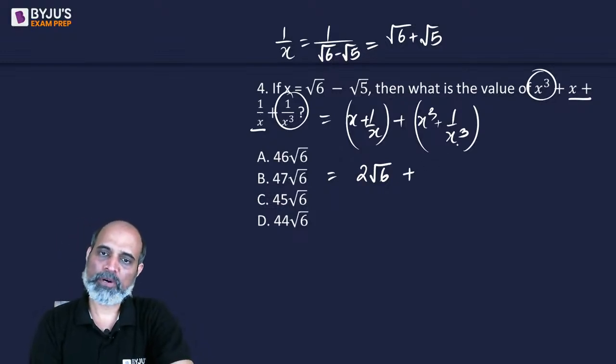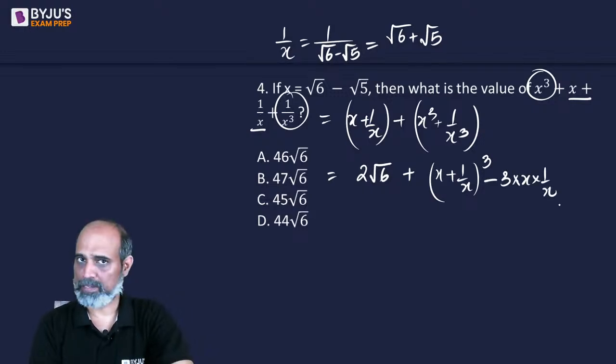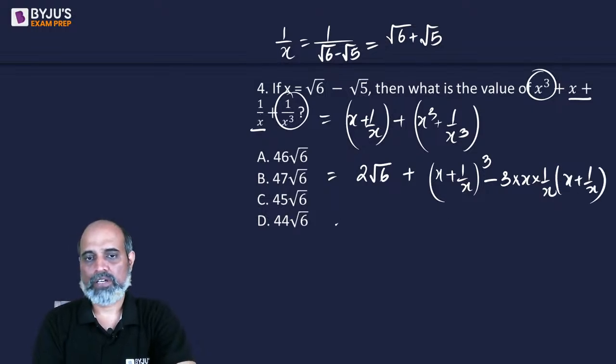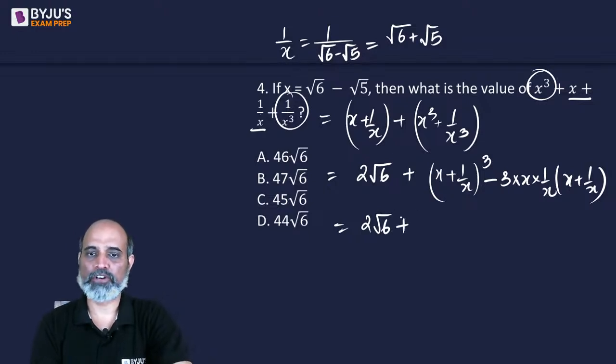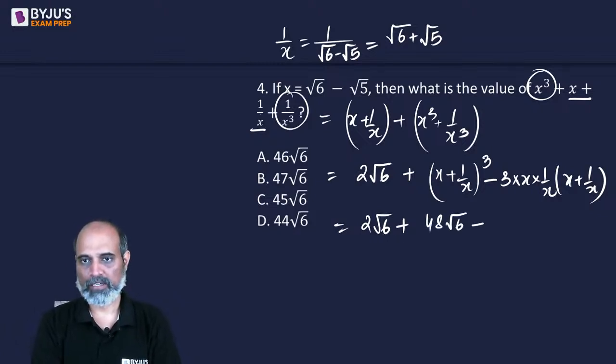Now, if we talk about x cube plus 1 by x cube, this can be written as (x plus 1 by x) whole cube, minus 3 into x into 1 by x, which is simply 3 into (x plus 1 by x). So this is 2 under root 6. x plus 1 by x we have already seen is 2 under root 6. If we take the cube of that, we will have 8 into 6 root 6, 48 under root 6.